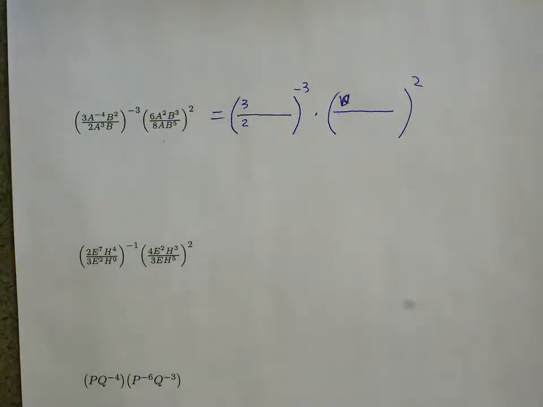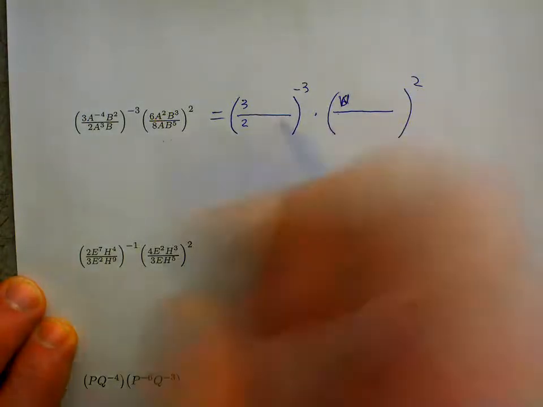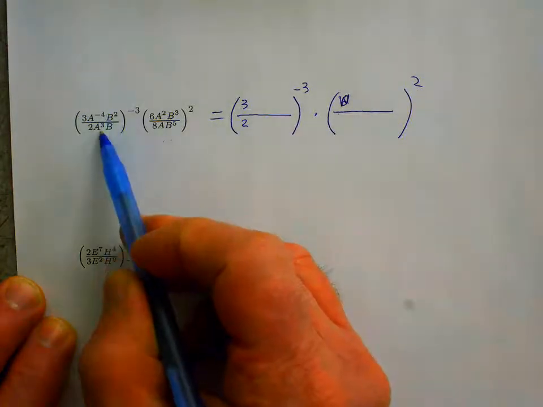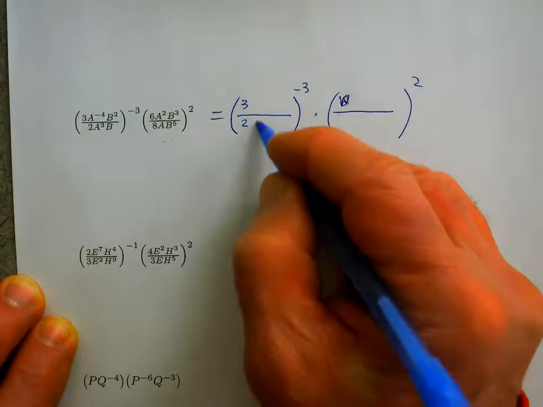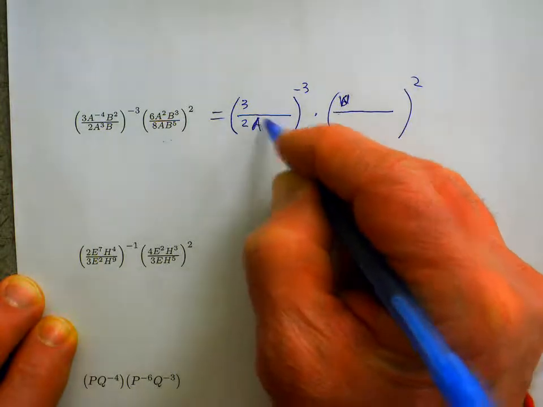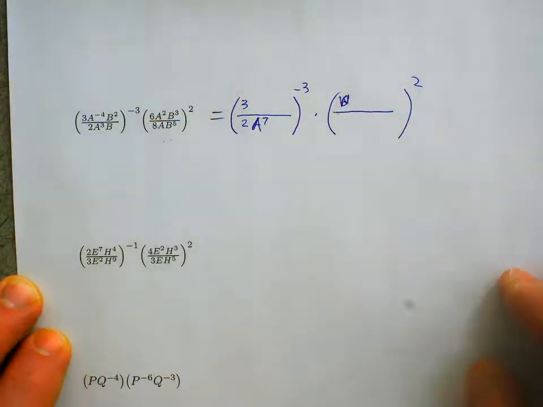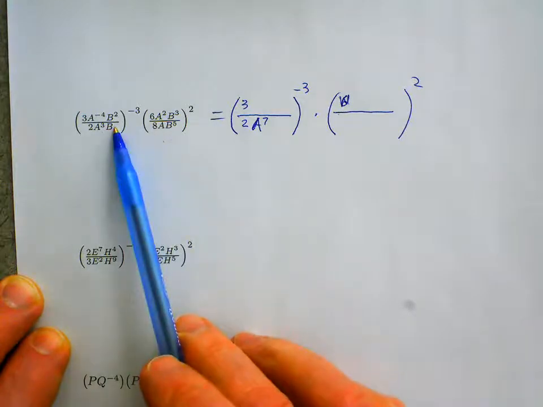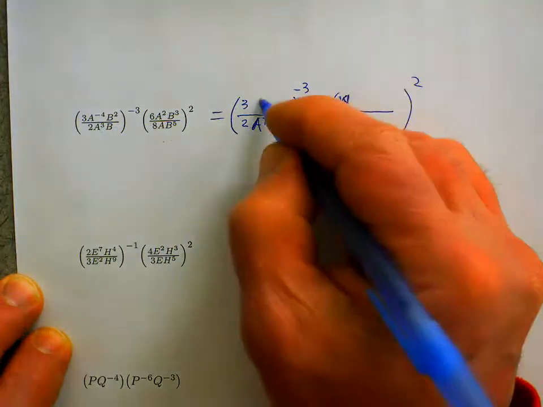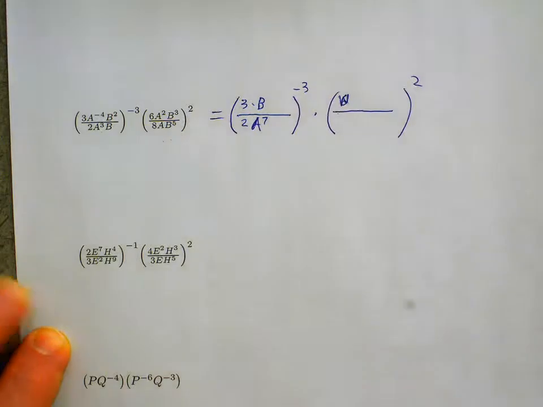A to the negative 7 in the numerator, or a to the positive 7 in the denominator, which is what we want, right? So a to the negative 4 divided by a to the 3rd is a to the 7th in the denominator. And then b to the 2nd divided by b is just b to the 1st, or b in the numerator.